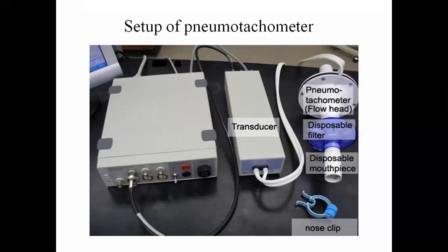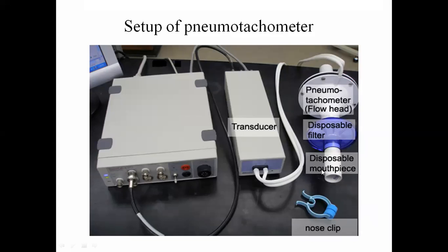We can close the nose by using some clip, and by using the mouth we can test. All these measurements are done by taking the breath in and out through the mouth only, not the nose. So we will close the nose by using a clip in all the types of measurements.